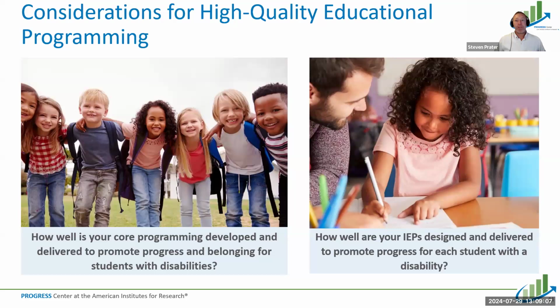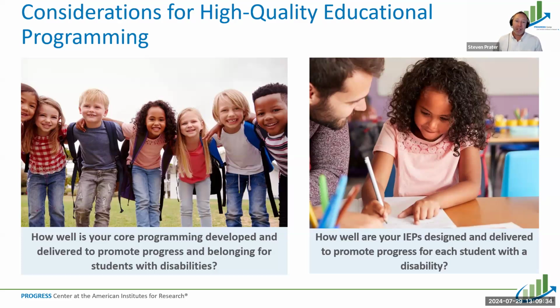All right, so just like what we were saying before, and I think you saw this slide earlier with Tessie, when you think about special education, you think about students with disabilities, we don't want to just think about the IEP. We want to think about how well is your core programming developed and delivered to promote the progress of students with disabilities. So that core programming is for all students, including students with disabilities. So that's kind of where it starts. And then for those students with disabilities, they also have their IEP.